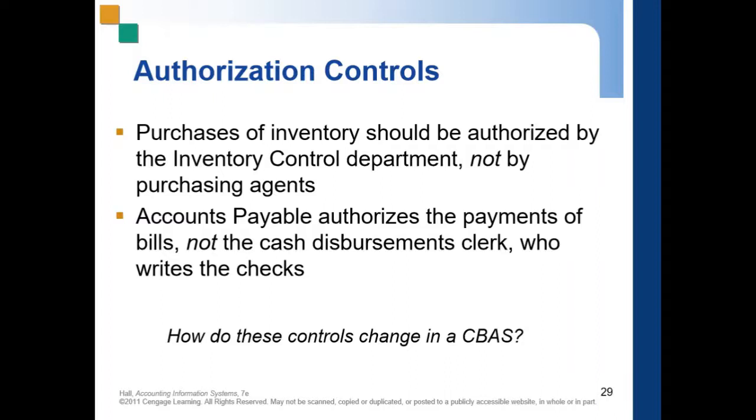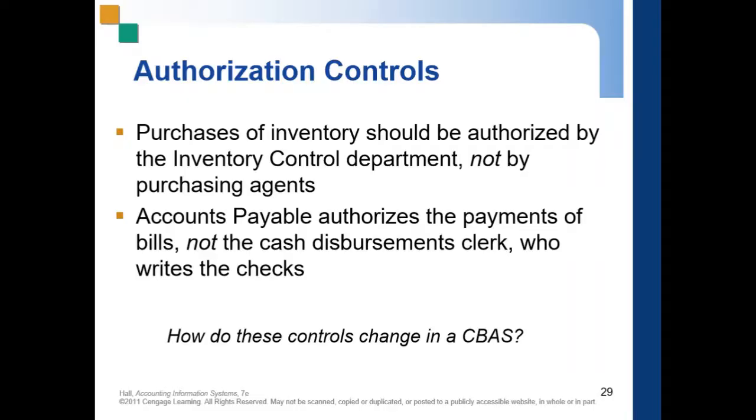Now, next is accounts payable authorizes the payments of bills, not the cash disbursement clerk who writes the checks. So, the accounts payable is the one knowledgeable of when accounts are due. So, meaning that clerk should be the one who will authorize the payment of bills, not the cash disbursement clerk.